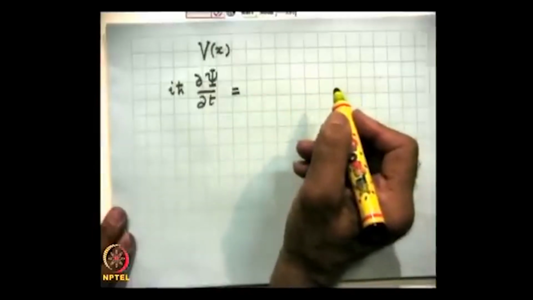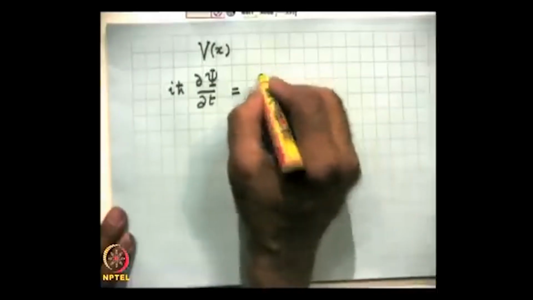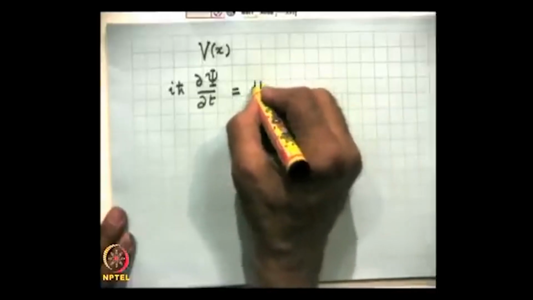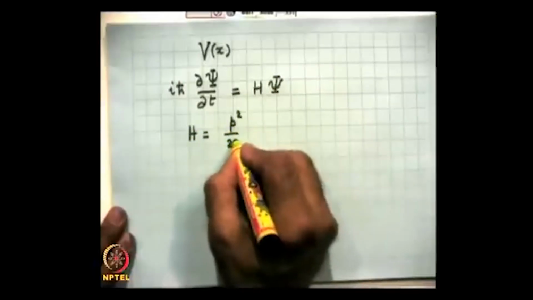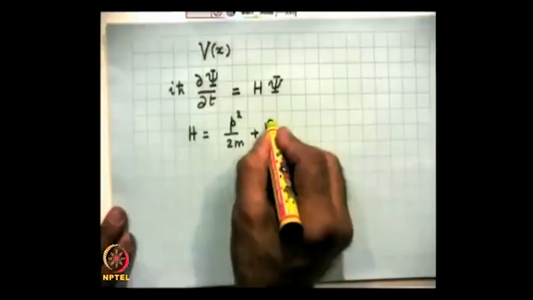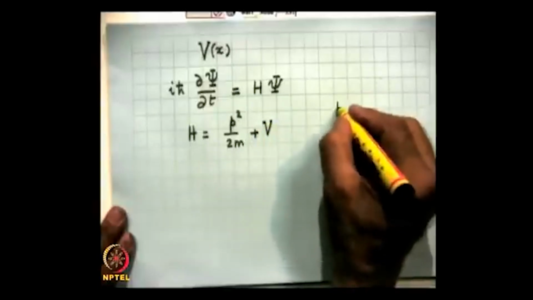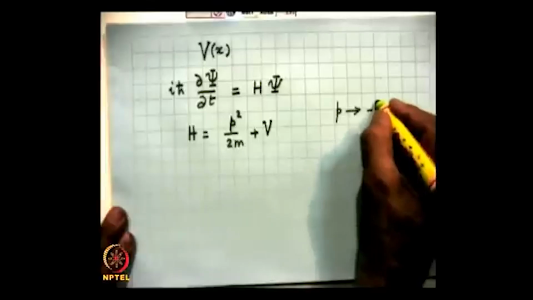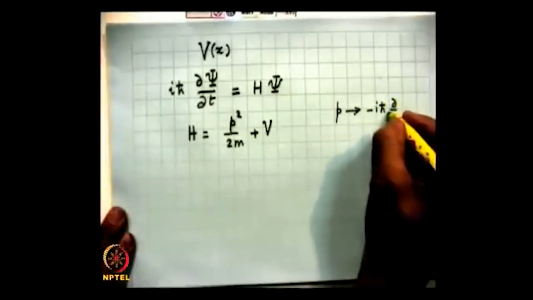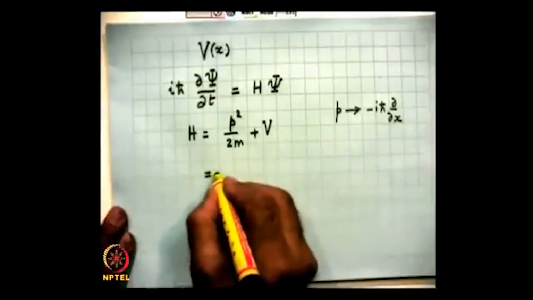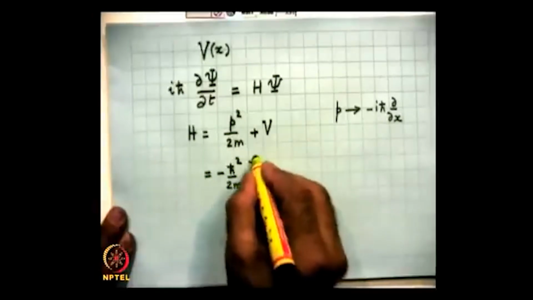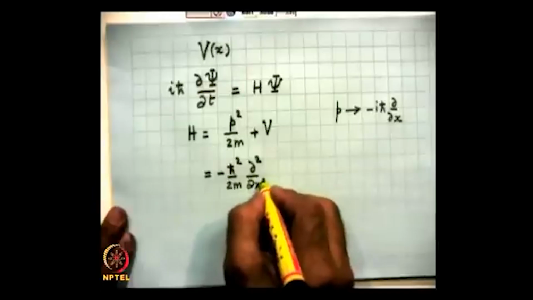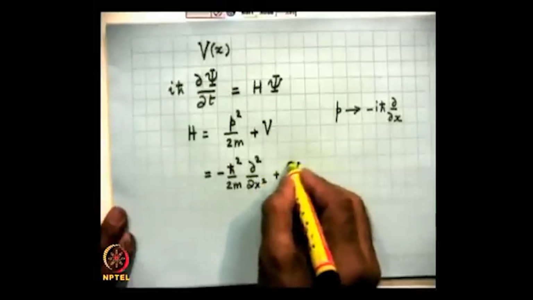H is the Hamiltonian, which is p square by 2m plus V, and we had in the one dimensional case p will be replaced by minus i h cross delta by delta x. So, we had shown that this was equal to, therefore, minus h cross square by 2m delta 2 by delta x square plus V of x.